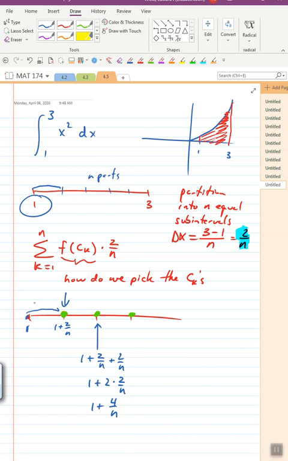With me there? We're adding 2 over n to get from here to here. We're adding 2 over n to get from here to here, that is to the right endpoint of the second subinterval. How am I going to get to here? I'm going to do it again, which means this would be 1 plus 3 times 2 over n. With me so far?